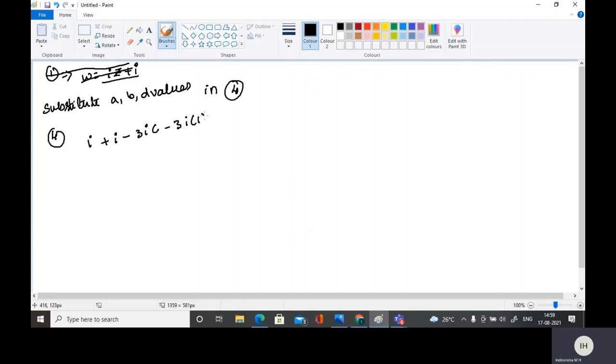What is d? d is 1, is equal to 0. So i plus i is 2i. 2i minus 3i is minus i. Minus 3ic is equal to 0.